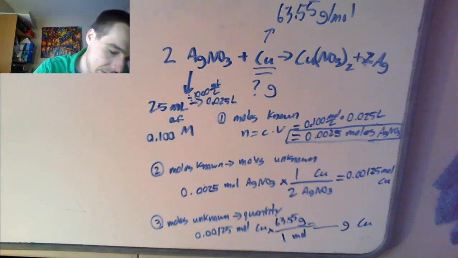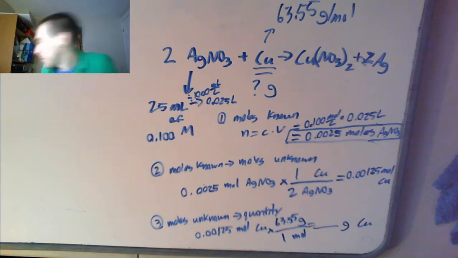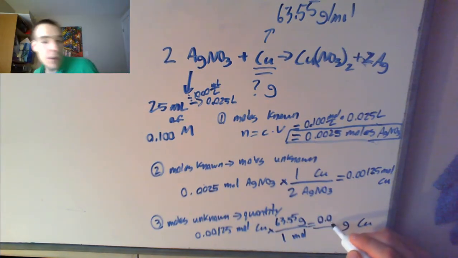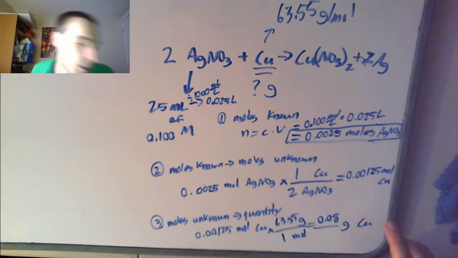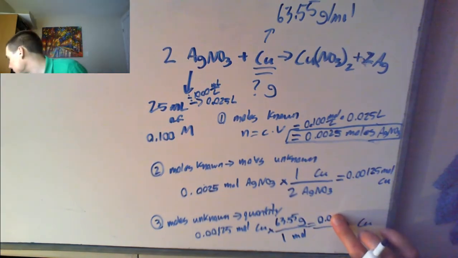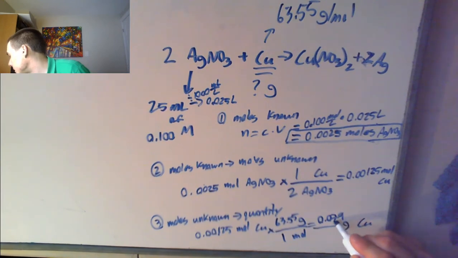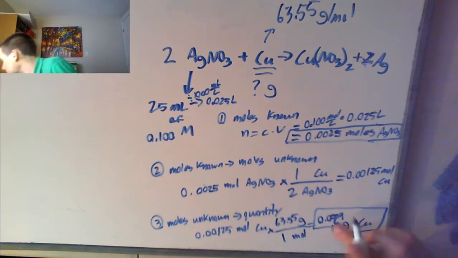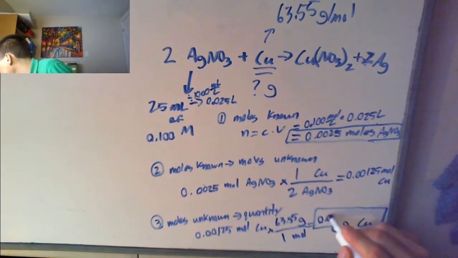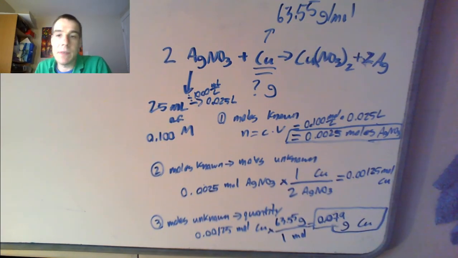So 63.55 times 0.00125 is 0.079, 0.0794 grams. We'll give it two sig digs just for flavor. So that's my answer. 0.079 grams of copper.